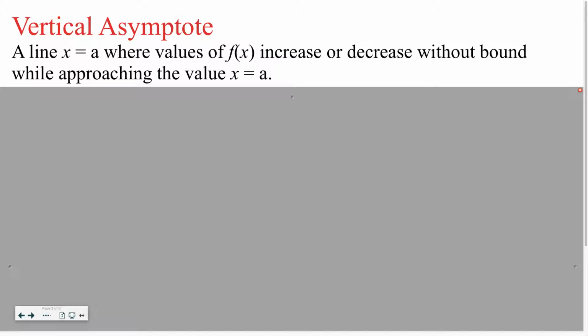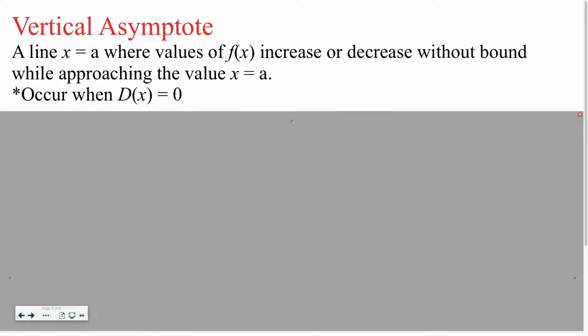Does anybody remember how we identify where the asymptotes are? Does anybody remember where they are? I'll give you a hint, we just talked about it. It's where our denominator is 0. It's at those places that we've excluded in our domain.